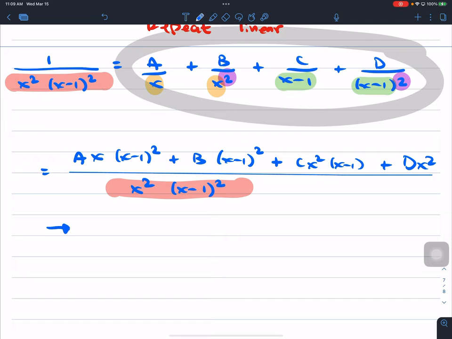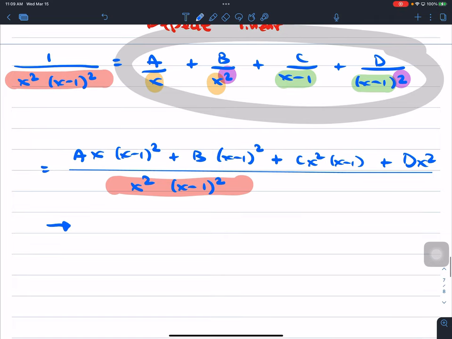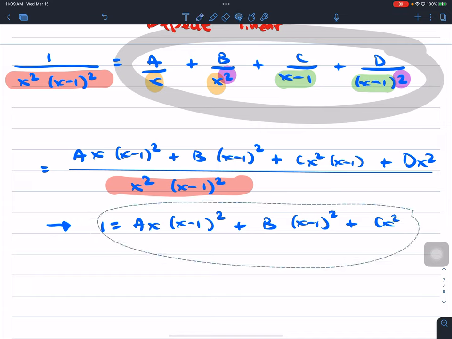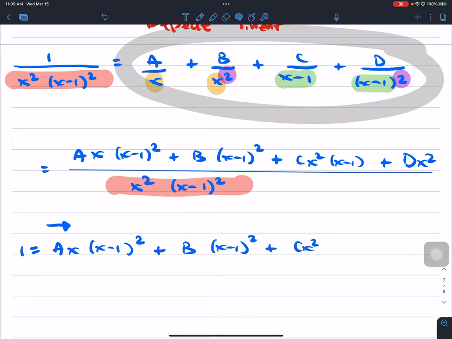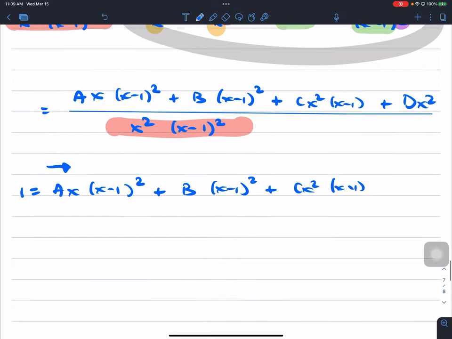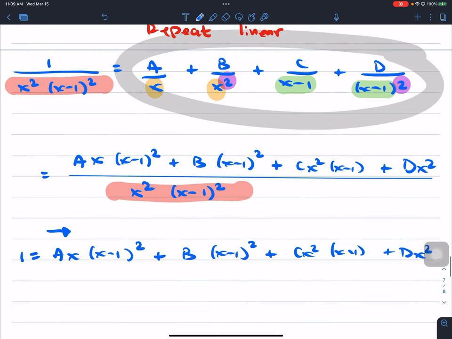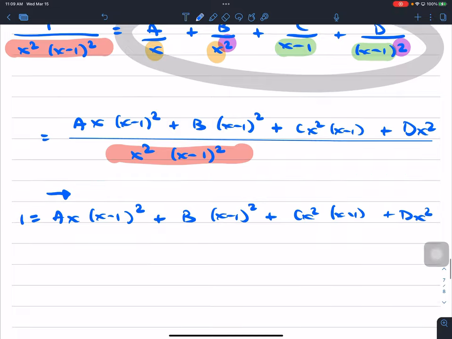If the denominators are the same and this fraction's equal, that means 1 is Ax, x minus 1 squared, plus B, x minus 1 squared, plus Cx squared times an x minus 1, plus Dx squared. Because that means your numerators have to be the same.